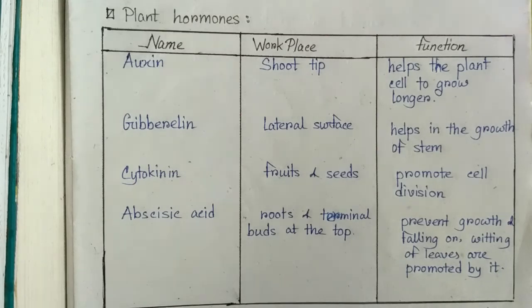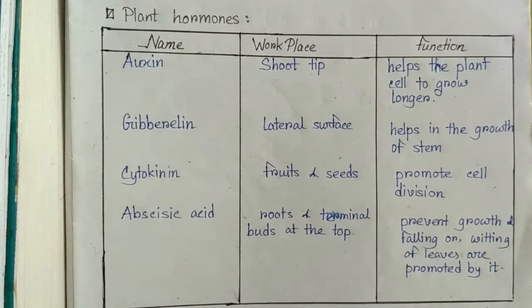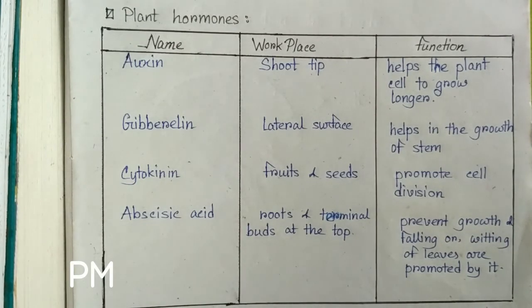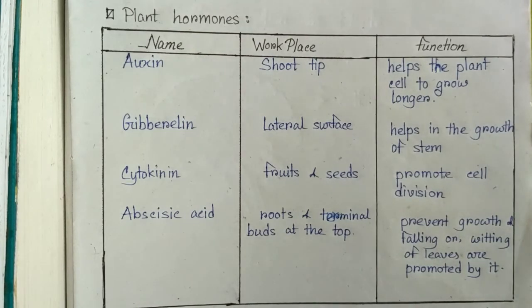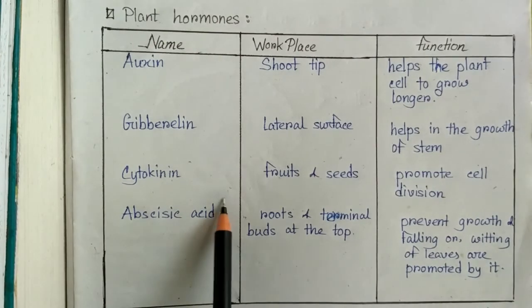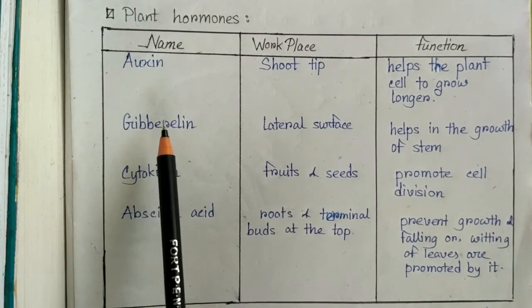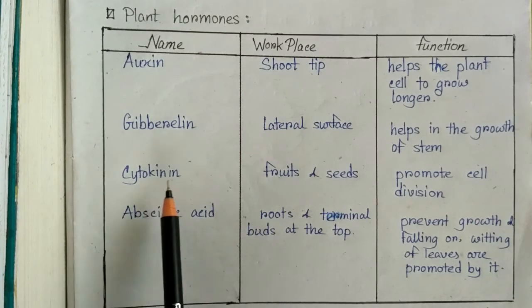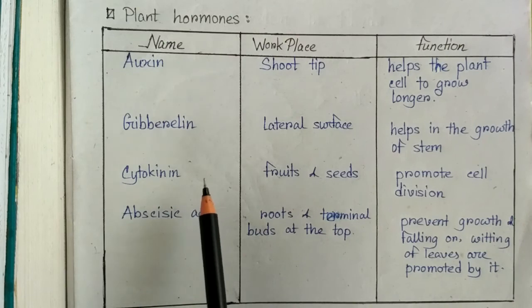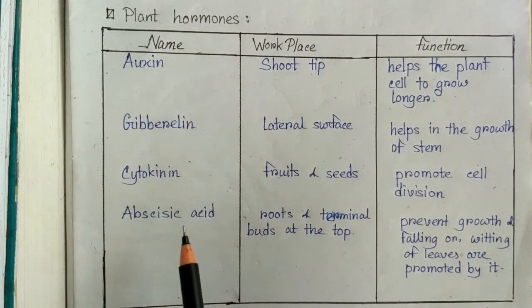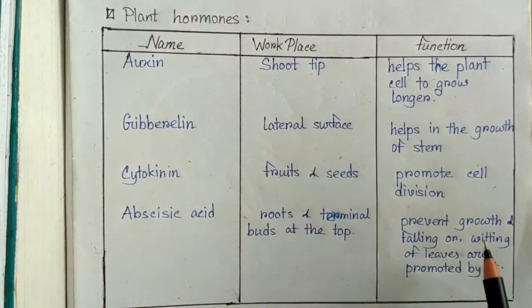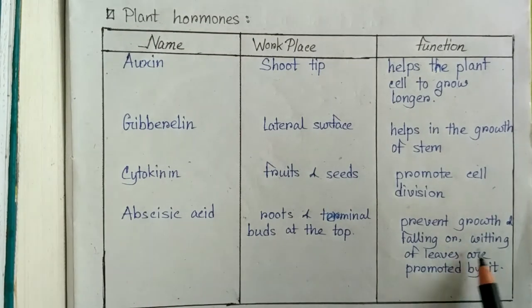Next one is abscisic acid. Its workplace is roots and terminal buds at the top of the plant. Abscisic acid works against auxin, gibberellin and cytokinin. They promote the growth of cells or the plant body, but abscisic acid prevents growth, and falling or wilting of leaves is promoted by it.